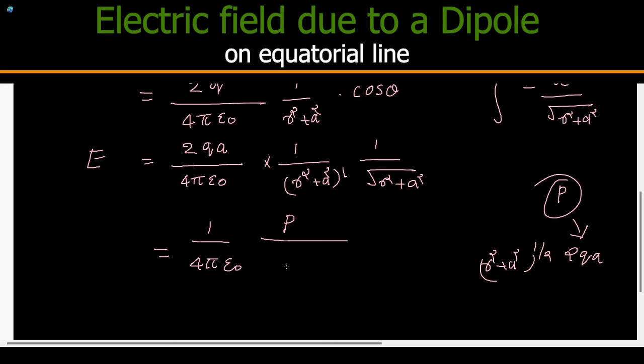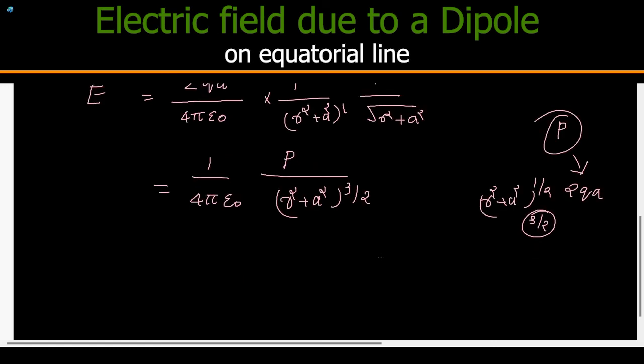So 1 plus 1 by 2 will be 3 by 2, so it will be r square plus a square raised to 3 by 2. So this is the expression for the electric field due to a dipole on the equatorial line.